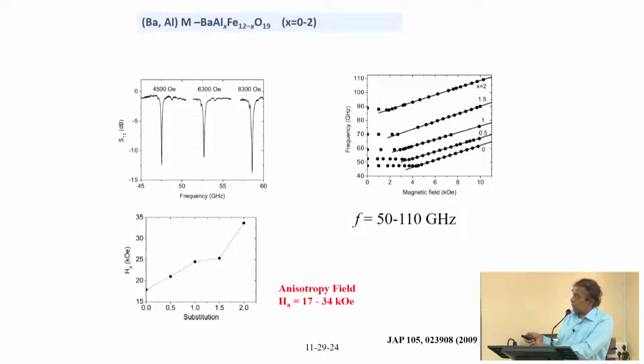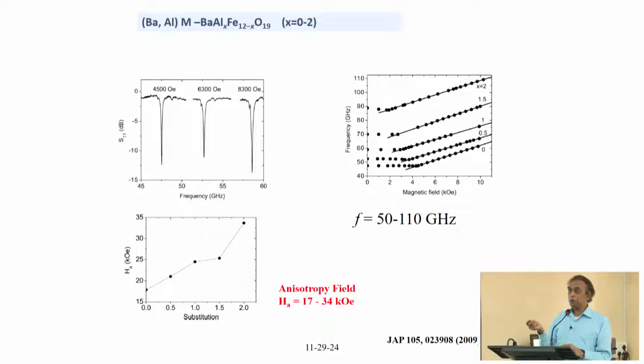So, these are ferromagnetic resonance in a film of aluminum substituted barium hexaferrite. The aluminum substitution is very strange. Aluminum is non-magnetic. So, what happens is the uniaxial anisotropy field is the ratio of the anisotropic constant divided by the magnetization.